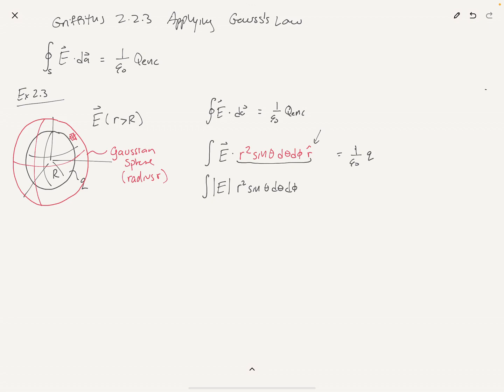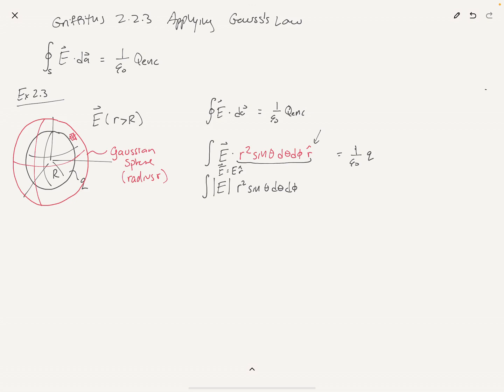Another thing that's really awesome about this is the electric field magnitude. The magnitude comes from the fact that I took the dot product: this electric field was E in the r hat direction, I took the dot product, and I got the magnitude out.